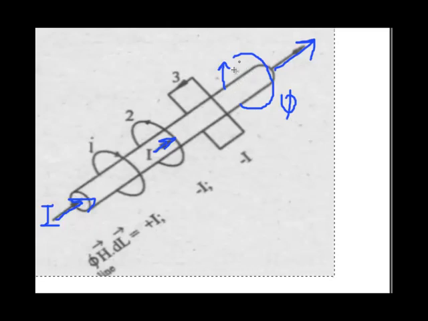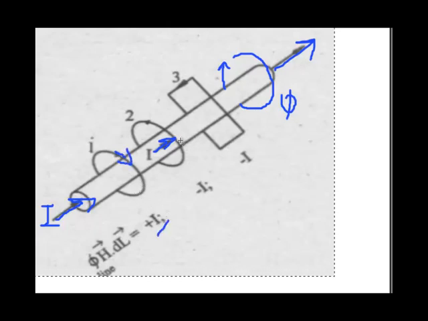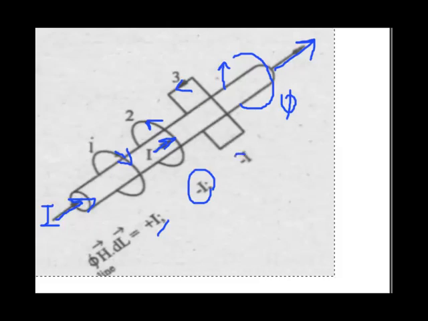If you integrate in the direction of flux, the result will be positive. This is the integration in the direction opposite to the flux, so the answer will be negative. This is also integration in the opposite direction, so the answer is negative.